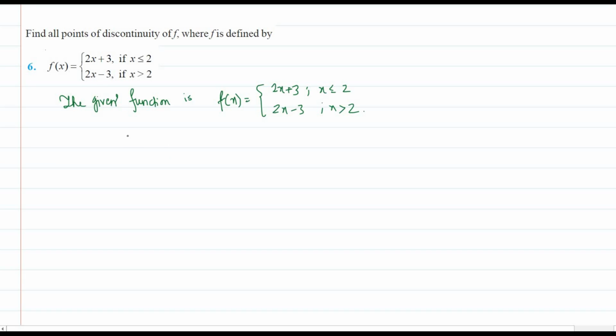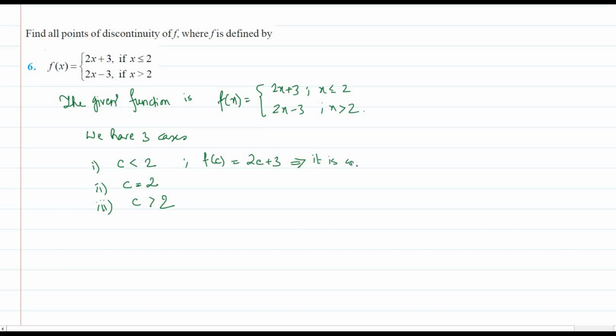So we have three cases: c is less than 2, c is equal to 2, and c is greater than 2. For c less than 2, f of c is equal to 2c plus 3, which implies that it is continuous for all c less than 2.